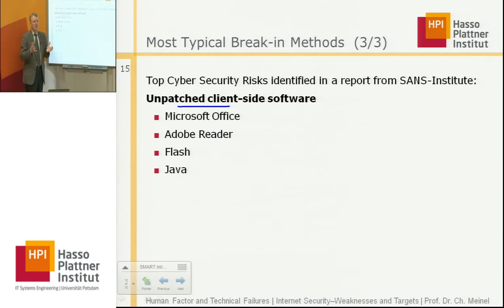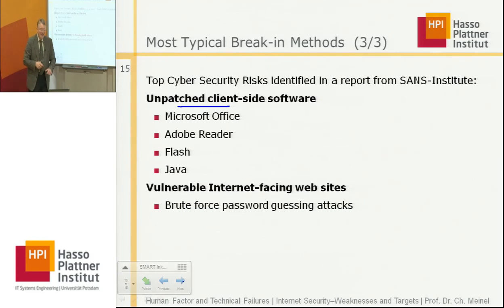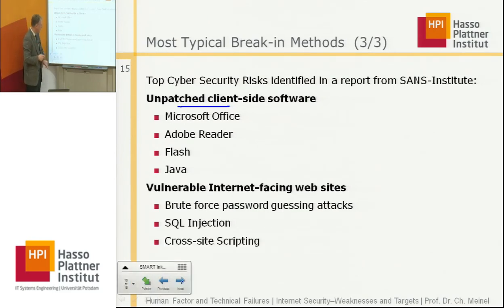Because the attackers know that there is a weakness, it is possible to update, to close this leak, but people are lazy and do not do this. There are vulnerable internet-facing websites, so brute force password guessing attacks are possible, or SQL injection. We will later on discuss this in more detail.